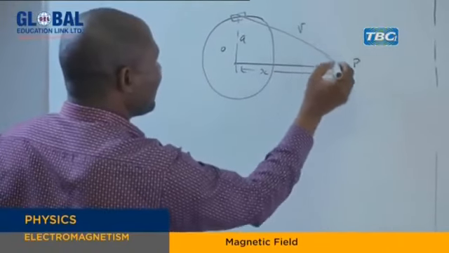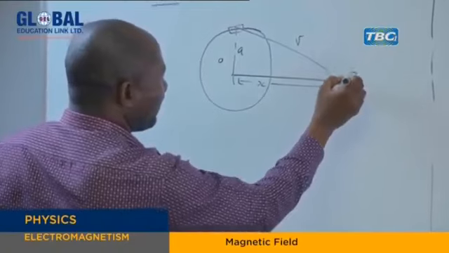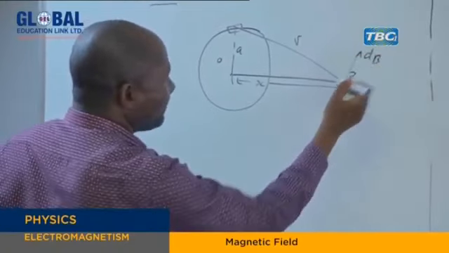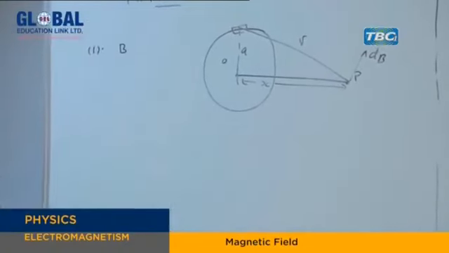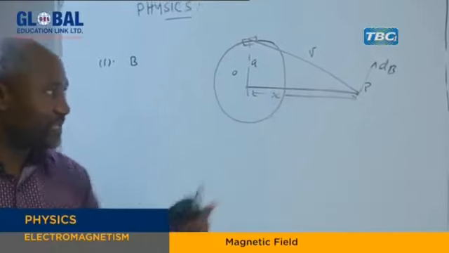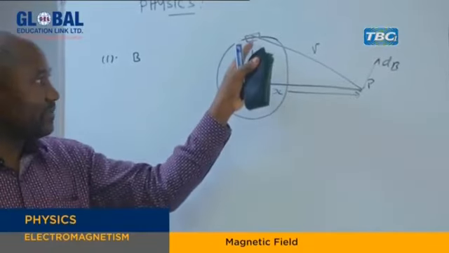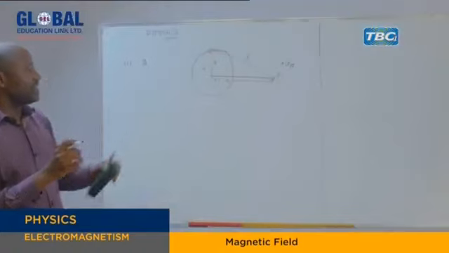That means that there was R, and this is, of course, perpendicular. That's the magnetic field for a small element at point P contributed by that length we choose.